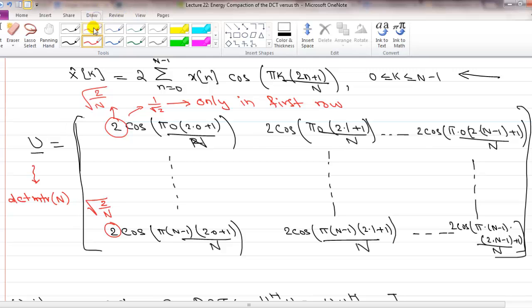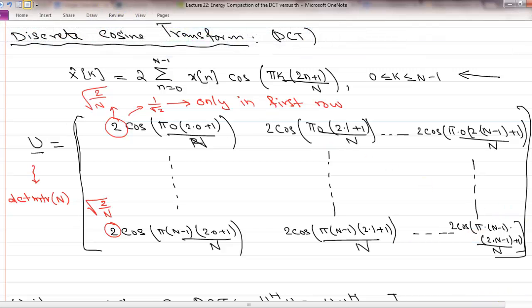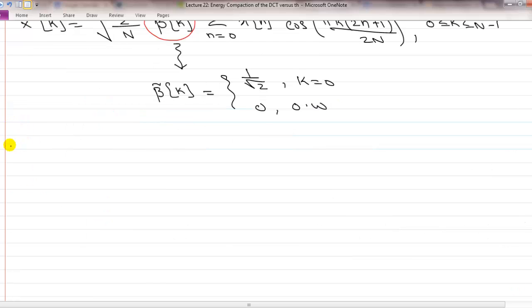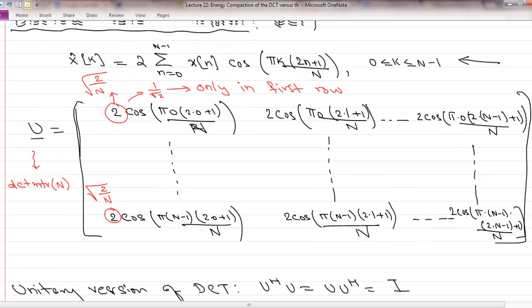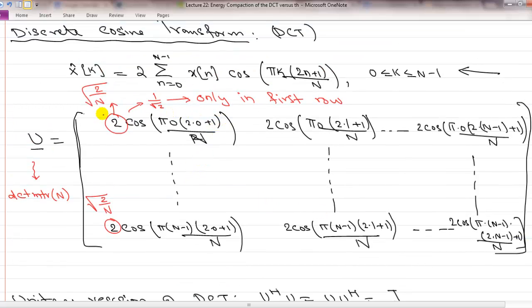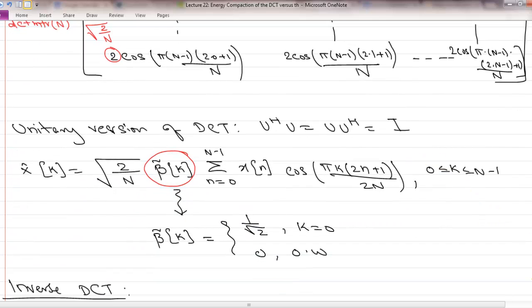And the inverse in the case of the unitary variant of the DCT is given by the formula here. You can simply use the U transpose expression to find that each entry is this vector inner product with your coefficients, because in the case of the unitary matrix, x is simply equal to U transpose x hat.